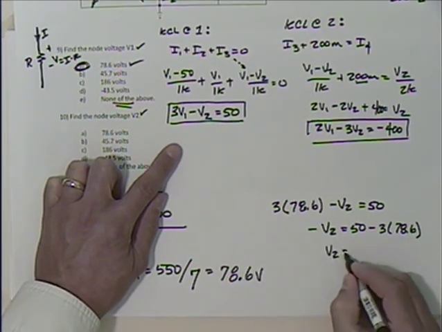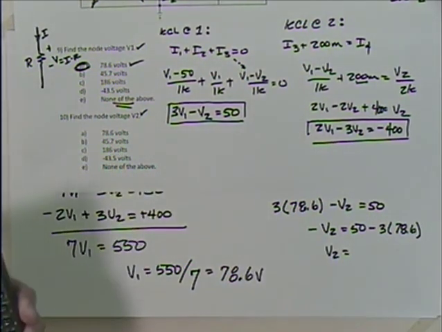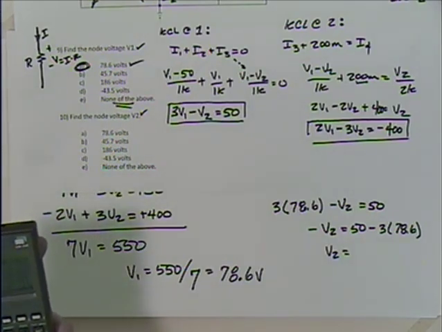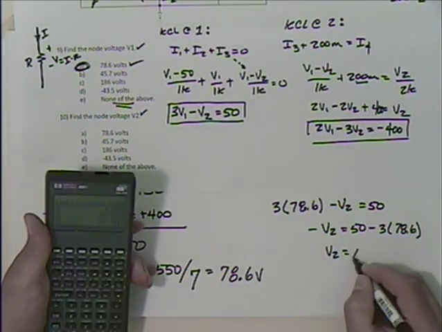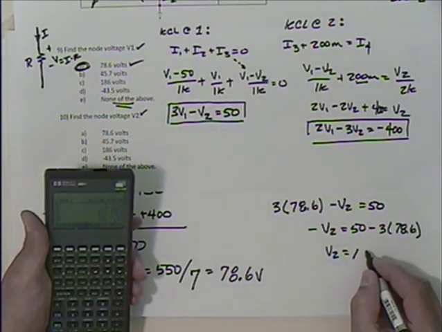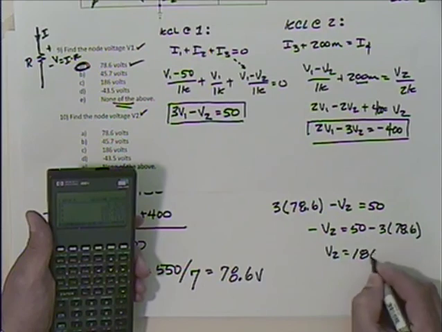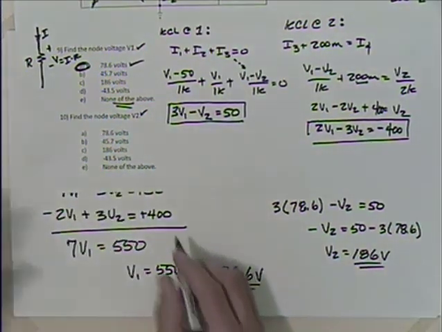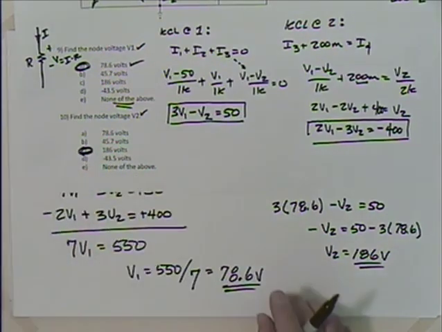So V2 is equal to 185.7, let's say 186 volts. Do we have an answer for that? Yeah, 186. So that's probably pretty good news.